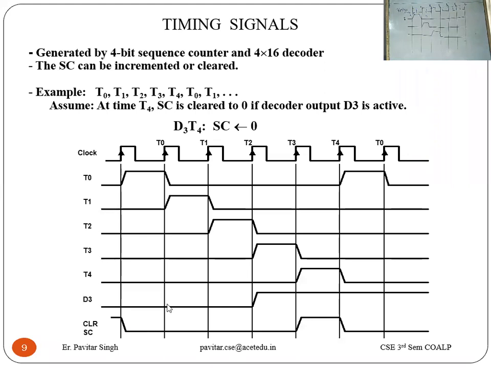Here SC is incremented to give you the T0 signal, the second time it is incremented to give you T1, T2, again incremented here, and again SC is cleared to 0. SC is cleared to 0 when D3 is active. So here you can see that D3 is active, right? D3 and T4. So this is your T4 signal. So SC is cleared to 0 when the values of D3 and T4 are high. This is the assumption which we have taken into consideration, right?